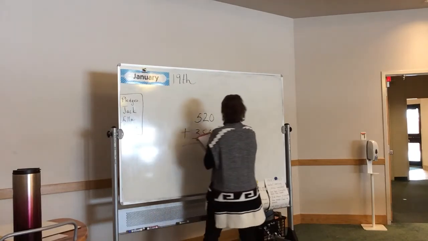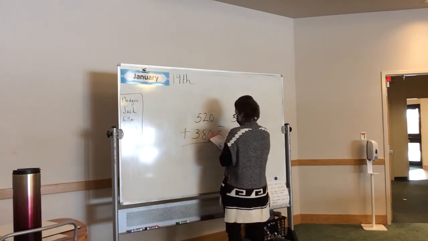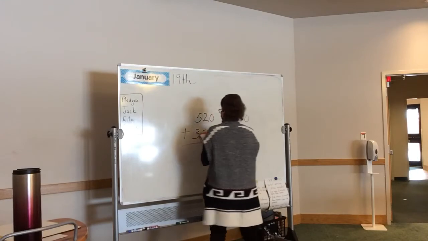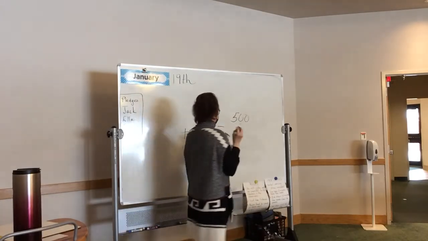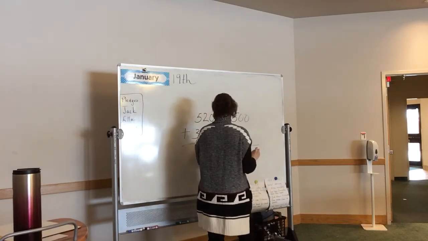Plus. 520 turns into 500. And 380 turns into 400. What is 500 plus 400? 900. Very good.